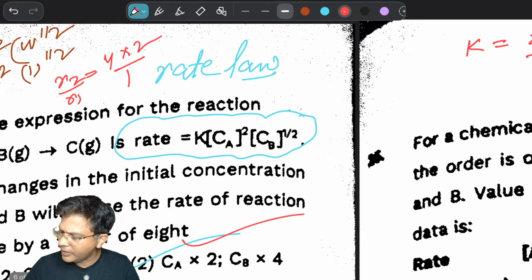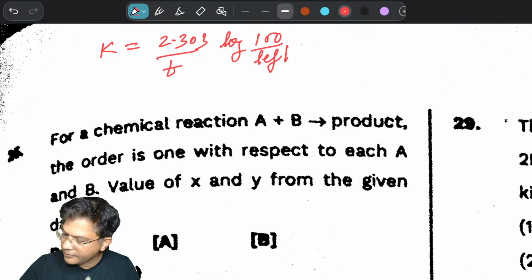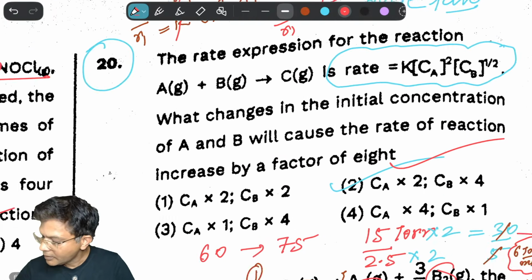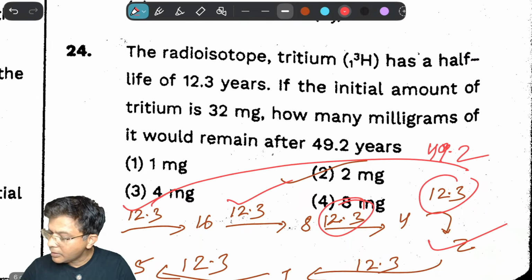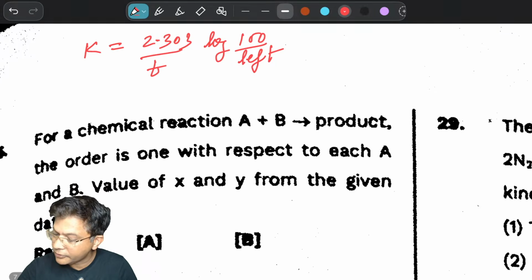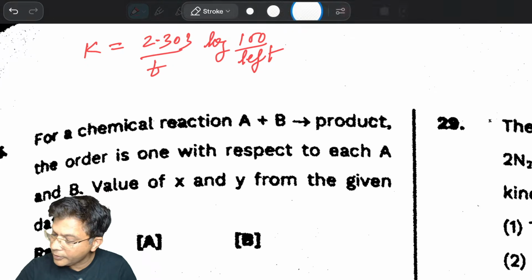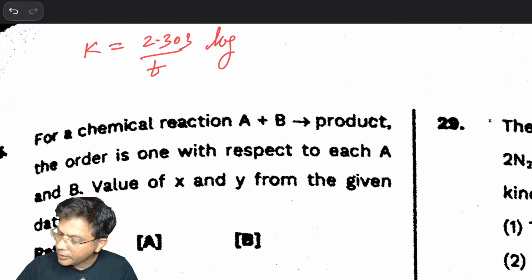How much is left we don't know. From where we have started, they have given 32 milligrams. So we can write log 32, and we don't know how much is left.